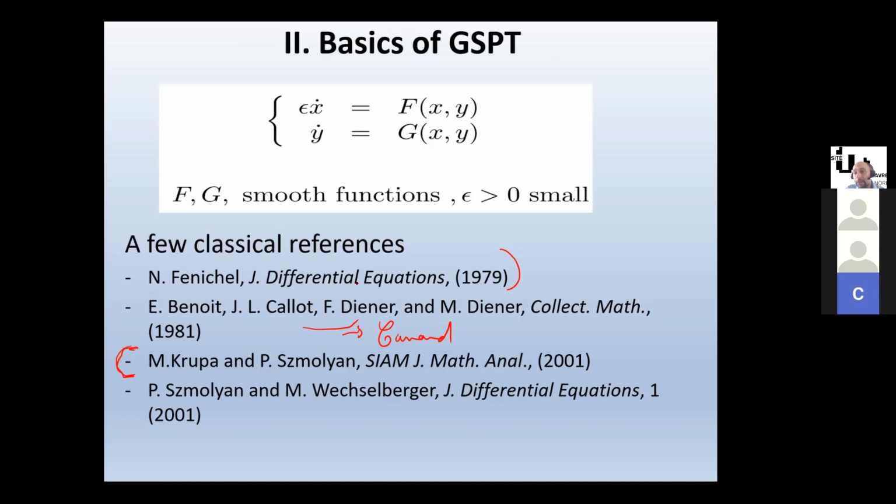So it becomes a slow manifold, right? Fenichel theory provides the existence of a slow manifold for epsilon close of the critical manifold, and it splits into attractive parts and repulsive parts. And the attractive part will attract trajectories, right?